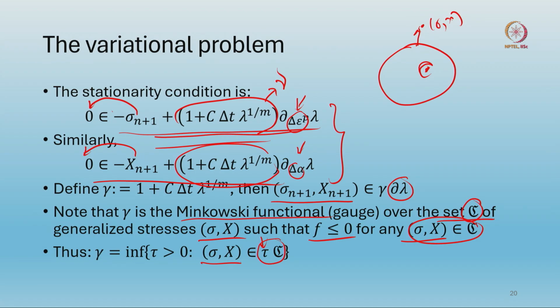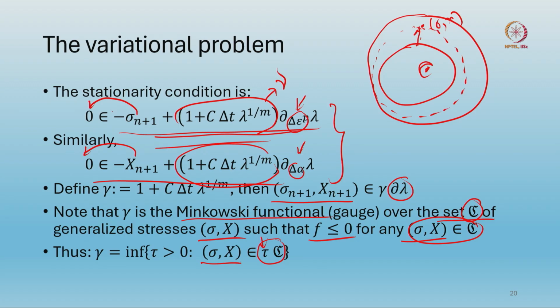Now, if you take a new set of admissible stresses much bigger, then sigma x belongs to this bigger set, but we are looking for that particular set such that the boundary of that will pass through sigma x, right.